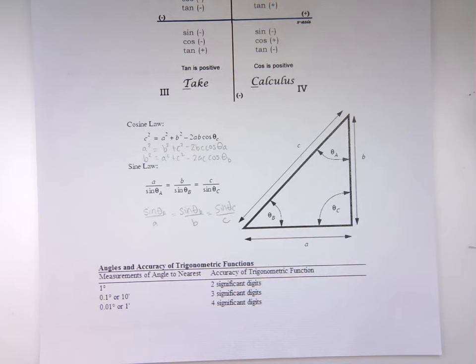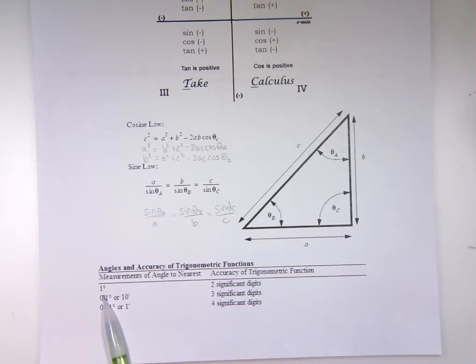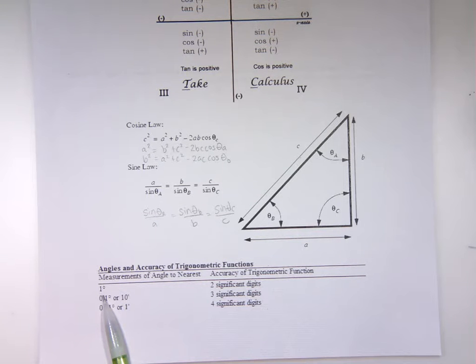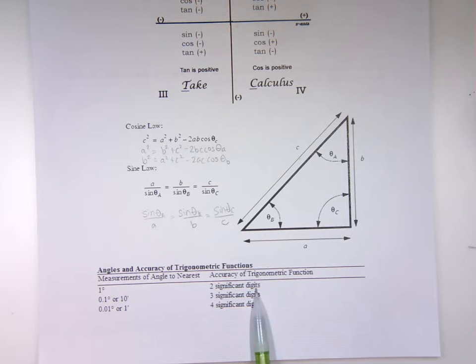And then when we talk about significant digits, this is sort of the guideline to use. So if your angle is measured to the nearest degree, let's say your angle is 57 degrees, when you do sine of 57 degrees, you'll want to round it to two significant digits.